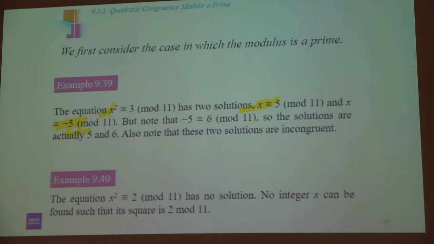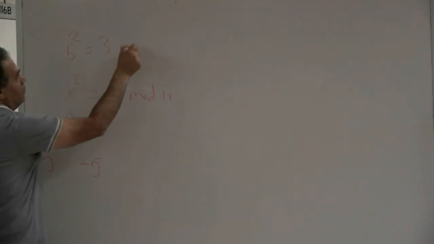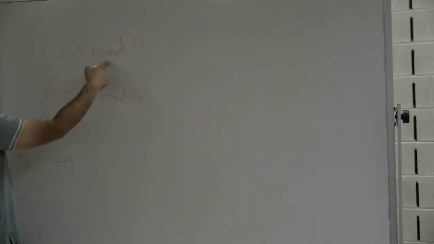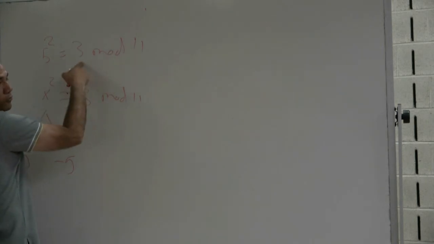Modulo 11 would be 3, right? So the solution they told us is 5 and minus 5. Is that correct? 25 modulo 11 gives you 3, right?